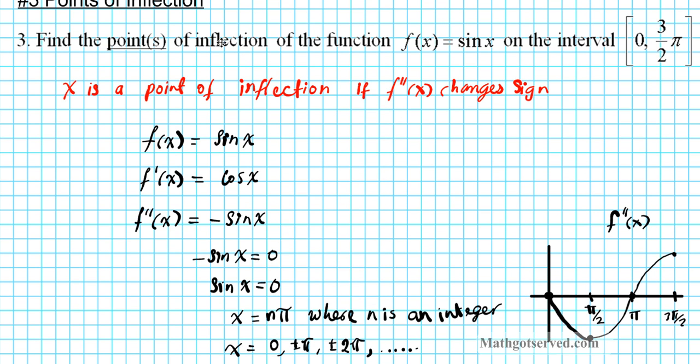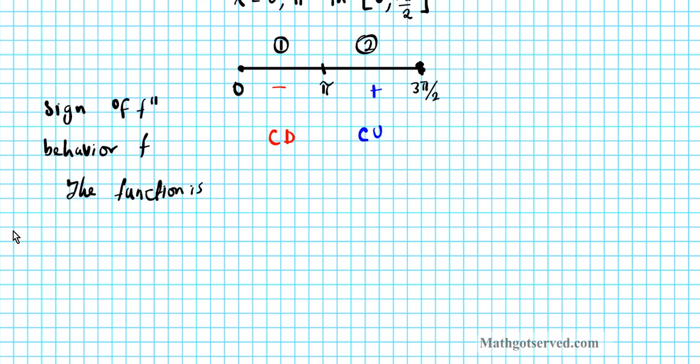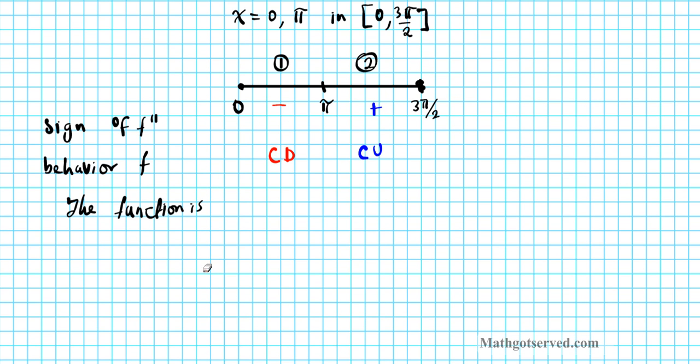We're asked to find points of inflection, so we don't have to state this. So let's go ahead and state what the points of inflection are. Since concavity changes at pi, that's a point of inflection. We can either say concavity or the sign of the second derivative. Let's use the sign of the second derivative.